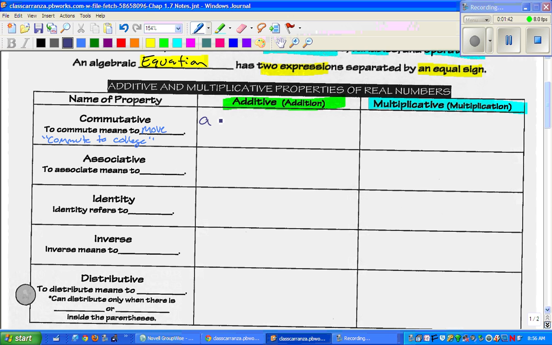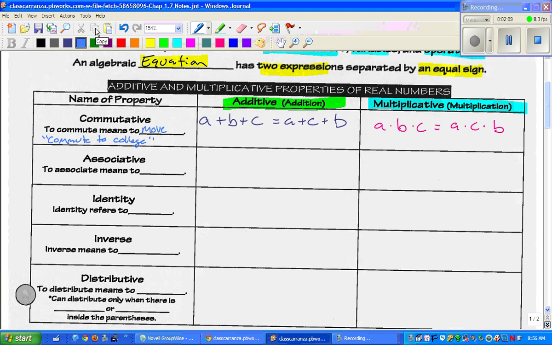When you see that property, it's A plus B plus C, we're just going to be using variables, means that you can move them around in addition, and you're still going to get the same answer. Okay, that works with multiplication too. If it's all multiplication, no matter what order you use, you still get the same thing.